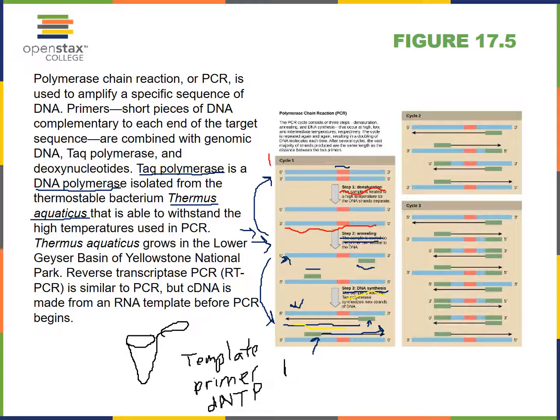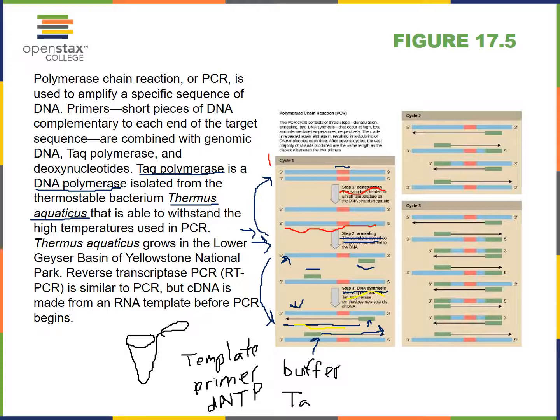And then you need some sort of buffer. This buffer keeps your enzyme happy, keeps your DNA happy. It just provides the right environment for everything to work. Mainly pH, salt concentration, magnesium concentration, things like that. And then lastly, you need your polymerase.